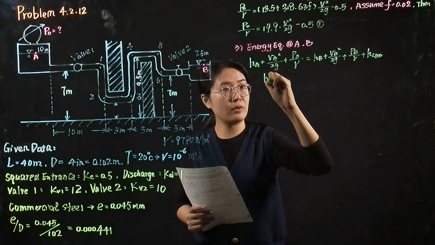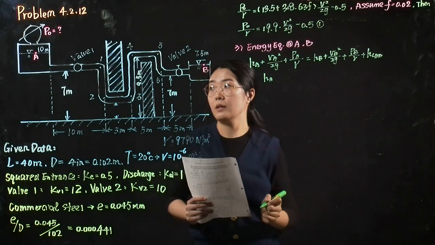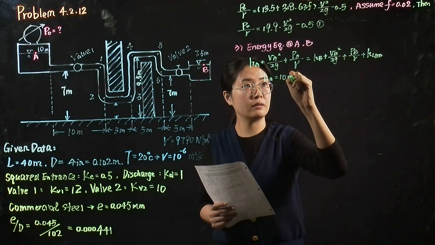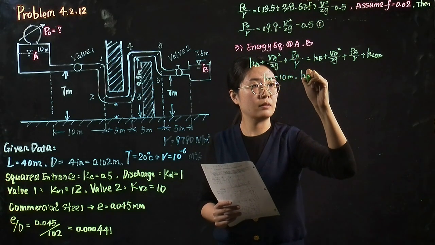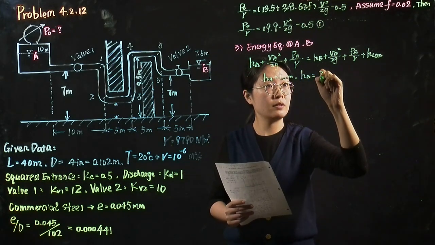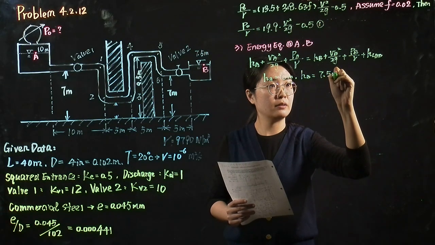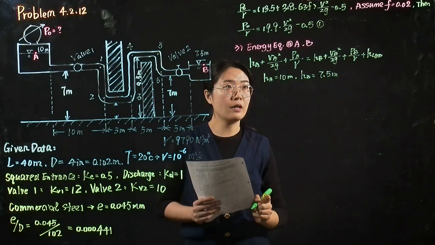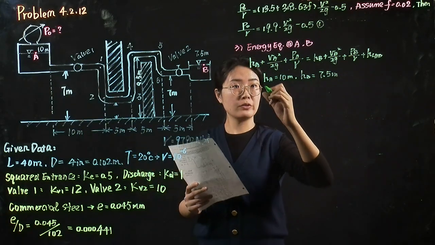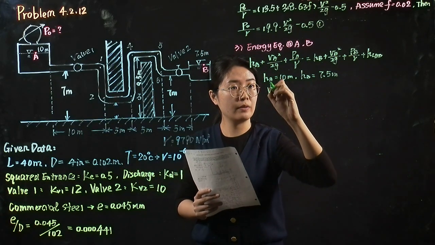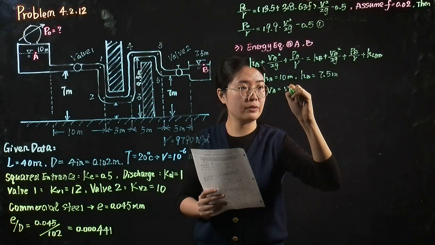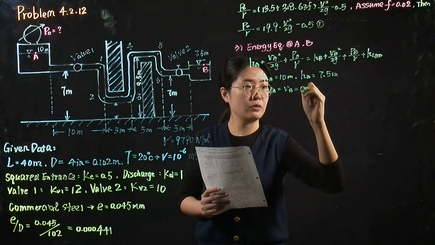The height at point A equals 10 meters. The height at point B equals 7.5 meters. Because point A and point B are both at the water surface, the velocity at these two points equals 0.